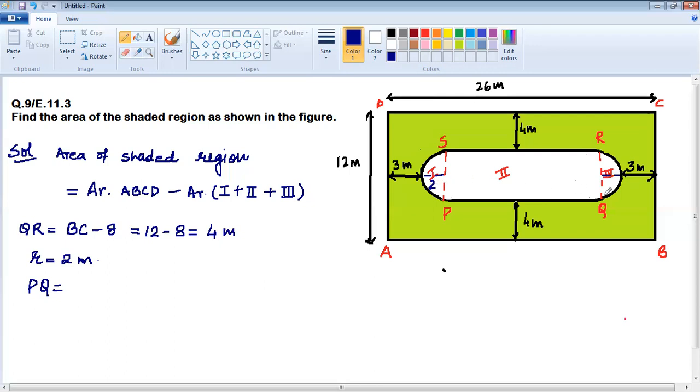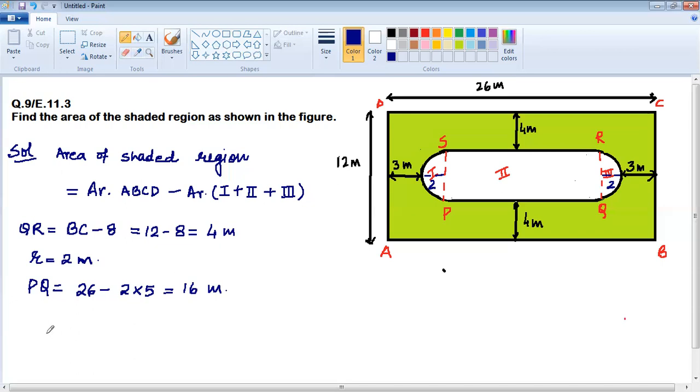So this is 2 meter, this is 2 meter. So to get PQ, I have to subtract 3 plus 2, 2 times. 3 plus 2 is 5. So I have to subtract 2 times 5 from 26. So PQ is 16 meters.